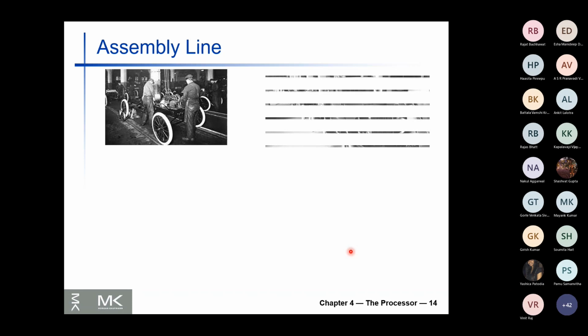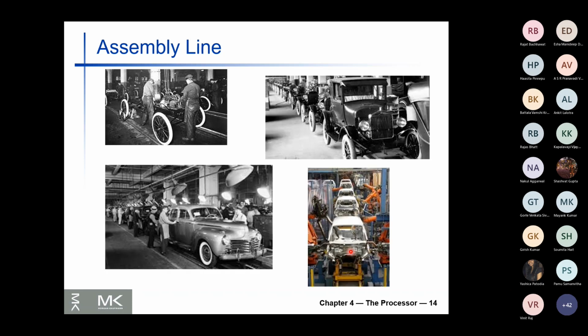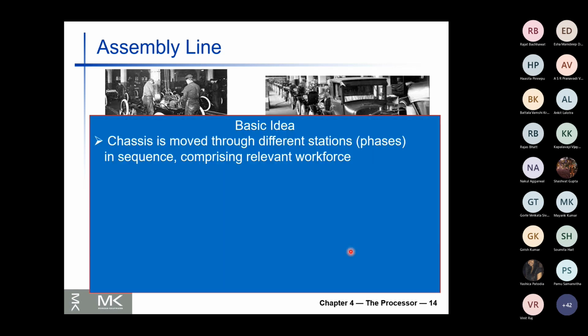You have different stations, and in each station you perform certain specific tasks. And the chassis is moved from one station to another station. When it reaches the last station, it is finished there. So this is a very old concept, and this is the basic idea behind pipelining.